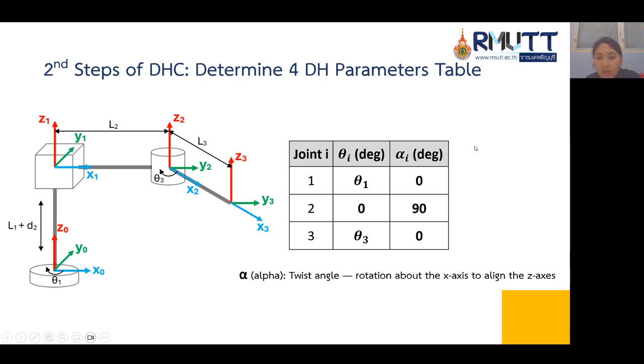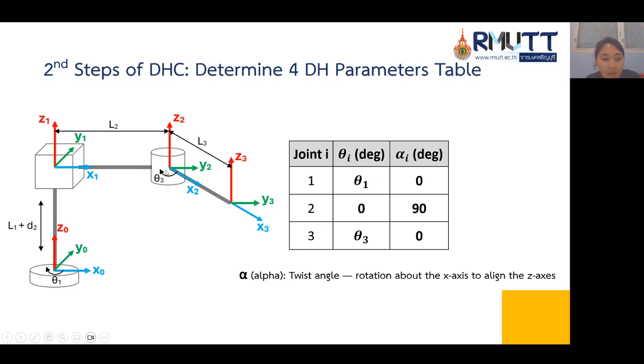And then the second column is alpha. Alpha is the twist angle, rotation about the x-axis to align the z-axis. So from the previous x-axis, this is x0, to the current x-axis, this is in line, so the value is 0.